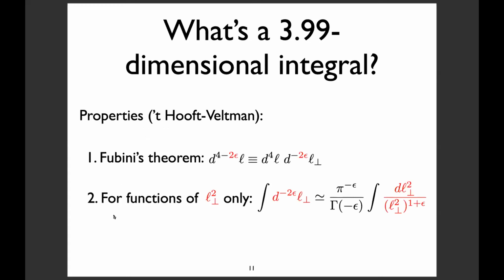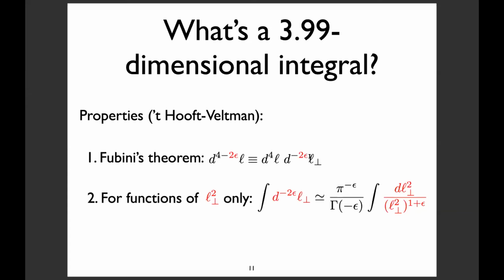So first, let's explain what an integral in 2.99 dimensions is. Well, really, we just need two properties of dimensional regularization, as defined by 't Hooft and Veltman. One of them is that we can break apart the loop integral into the usual integer part and an extra bit. So really, you just have to define the extra bit, and you're done. And what's an integral in a fractional number of dimensions?